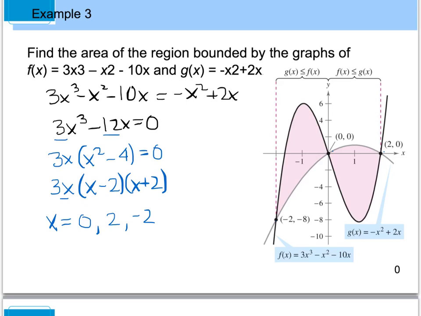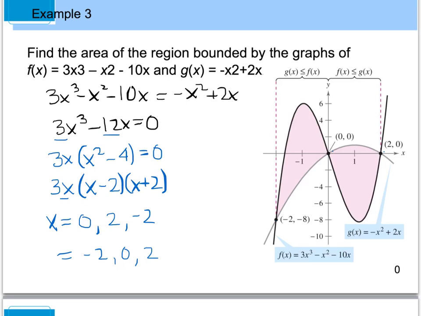The next thing I need to do is take a look at my intervals. Let's put these in order from least to greatest. So I'm going from negative 2 to 0, and then from 0 to 2.